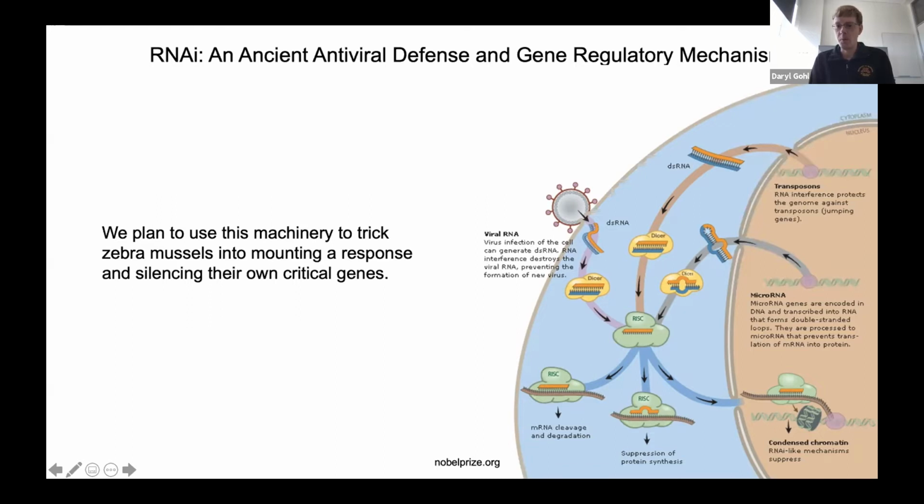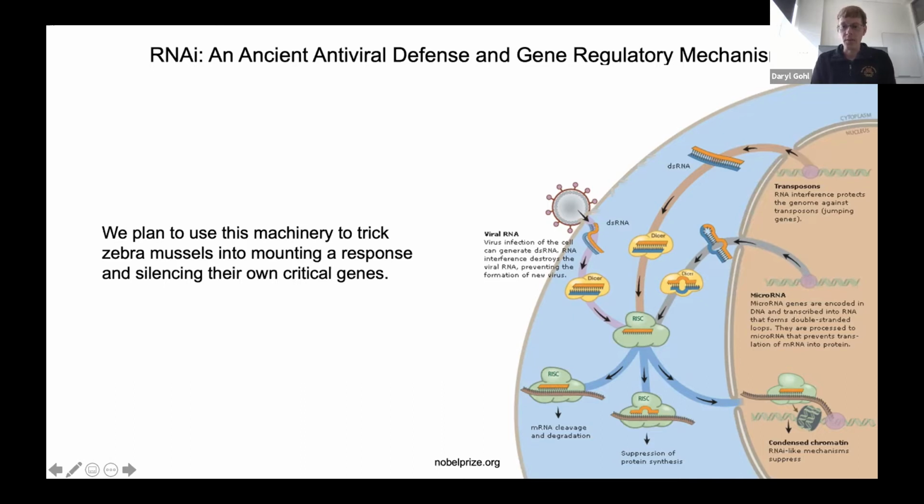And there's a whole machinery inside the cell that recognizes double-stranded RNA, cuts it up into small pieces, uses those pieces to search for other homologous or matching mRNAs in the cell, and then degrades or silences those mRNAs based on that homology to the double-stranded RNA sequence.